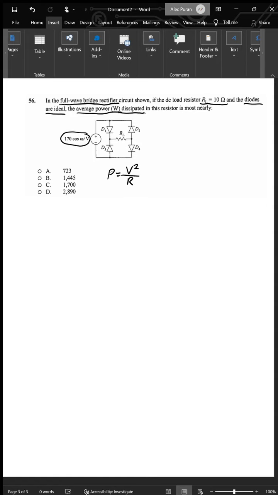But since we're given a full wave rectifier, this is VRMS squared over R. And, well, what is VRMS for a full wave bridge rectifier? If you remember this, VRMS for a full wave bridge rectifier is the peak voltage Vmax over the square root of 2.